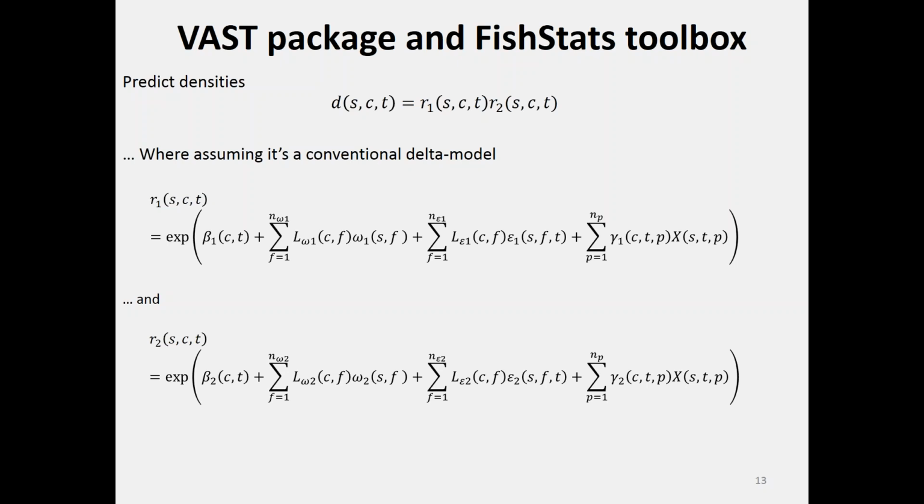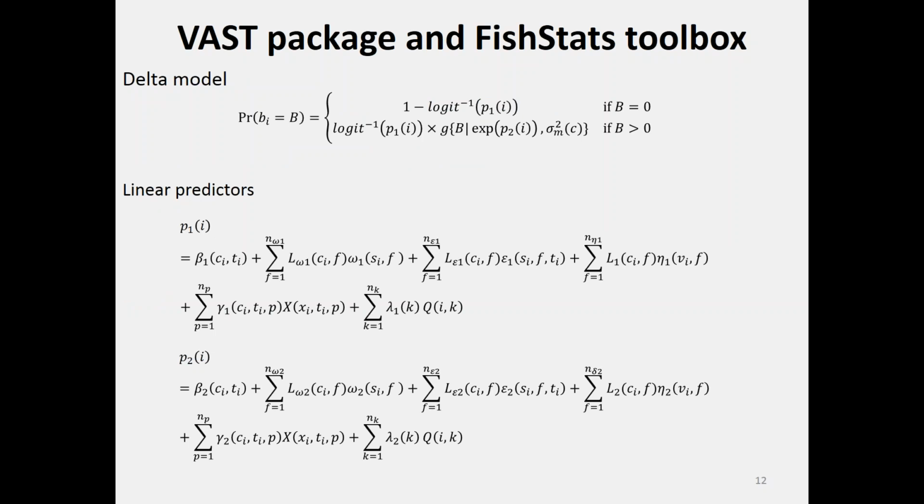In that case, you could have 100 knots, but then you could have the density covariates put in at a much finer spatial scale and just say the prediction of density in any location is the combination of that. So you'd have this linear predictor change such that you're summing, such that the X is at a finer spatial scale than the number of knots.